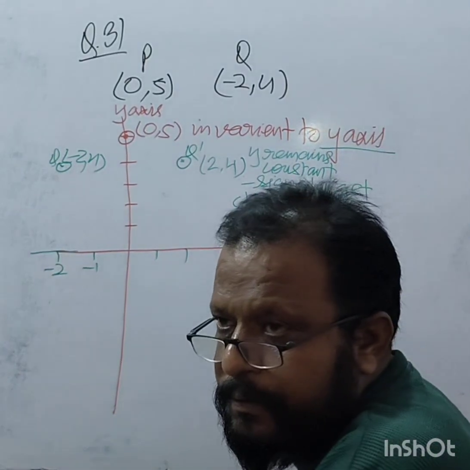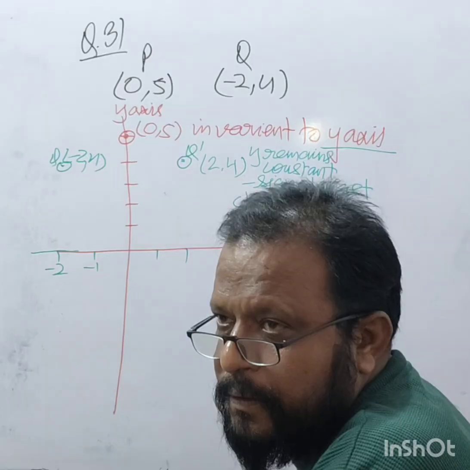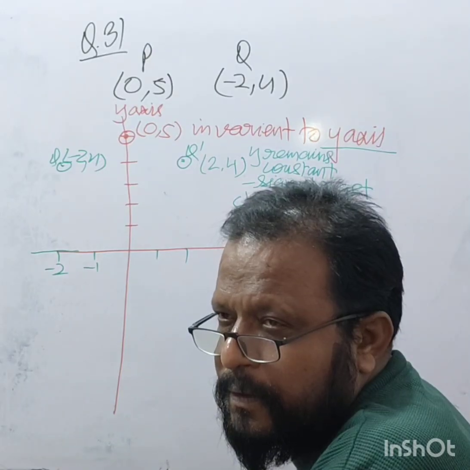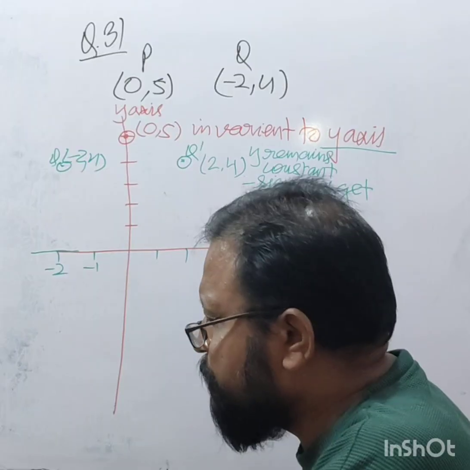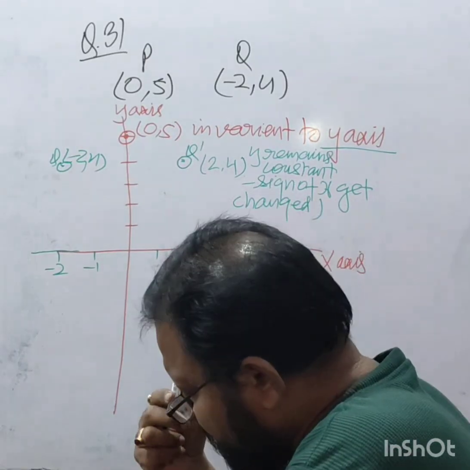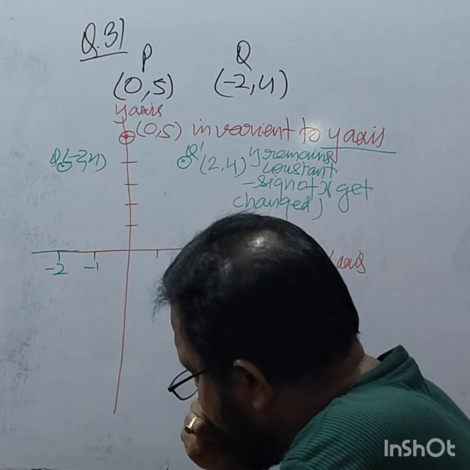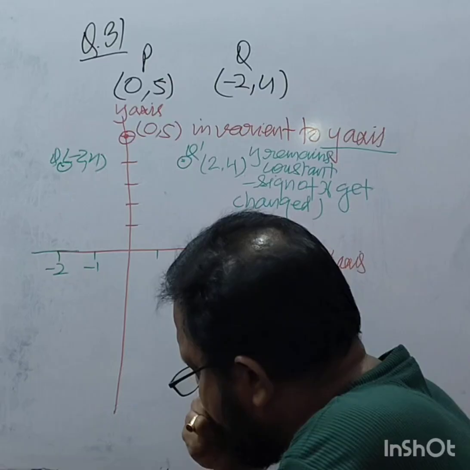So what next? Find the value of K, if O, K on reflection in the origin is invariant.